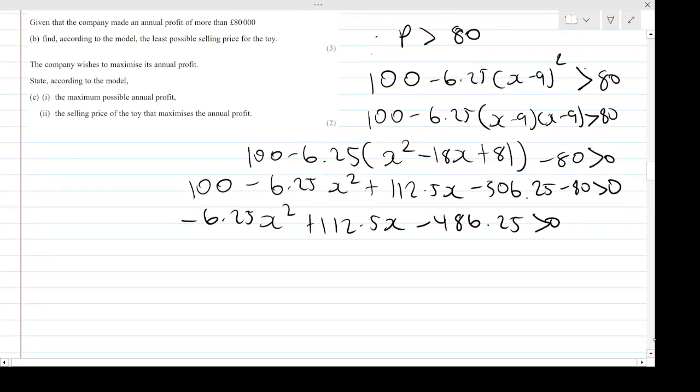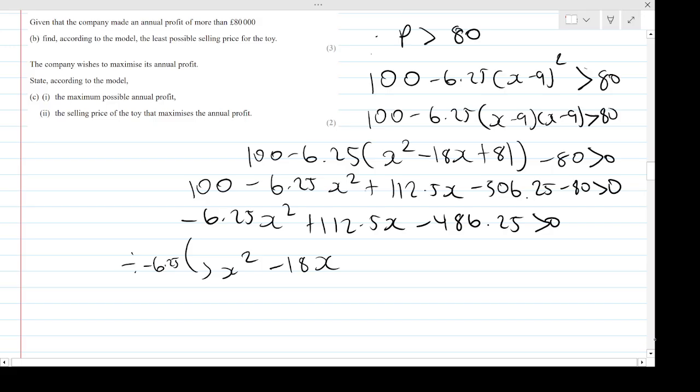Okay, now I don't like these numbers. I want to simplify this a little bit, so I'm going to divide by the x squared coefficient. So I'm going to divide by minus 6.25. So that'd be left with x squared, and then 112.5 divided by minus 6.25. I get minus 18x, which is a lot nicer to work with. Then I'm going to have minus 486.25 divided by minus 6.25.